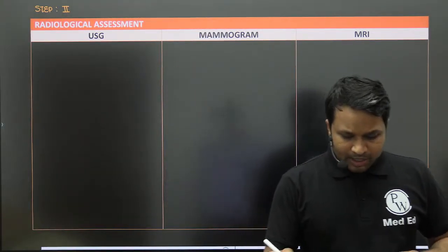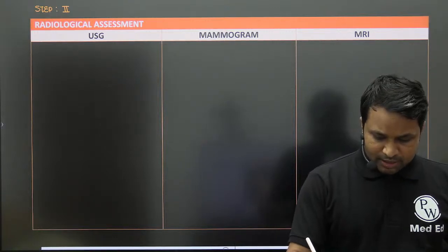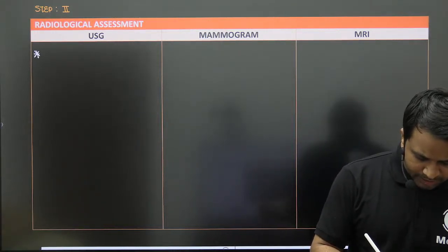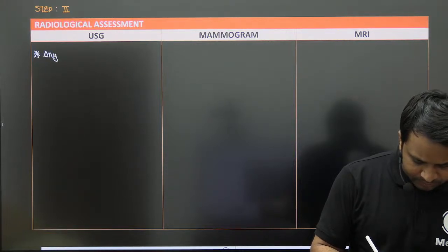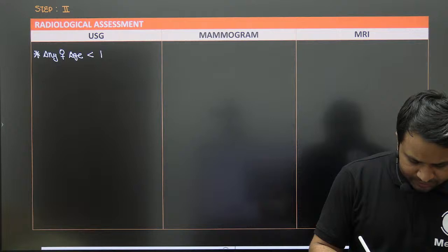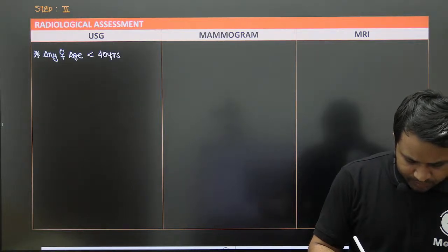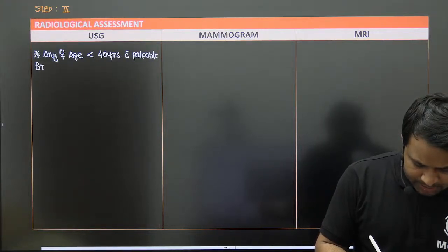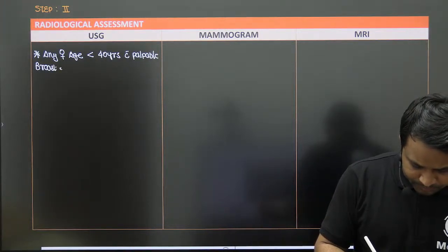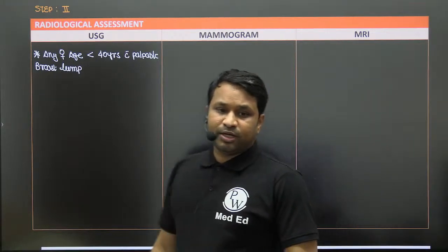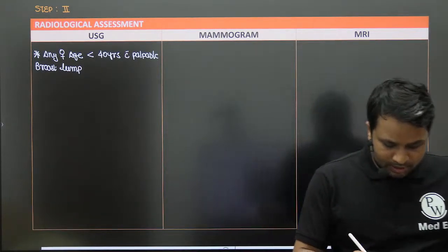What are the current indications of ultrasound that you can perform? Currently, the indication of ultrasound is any female of age less than 40 years with a palpable breast lump.